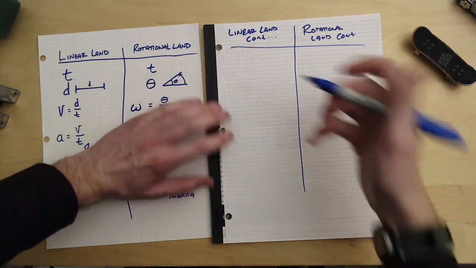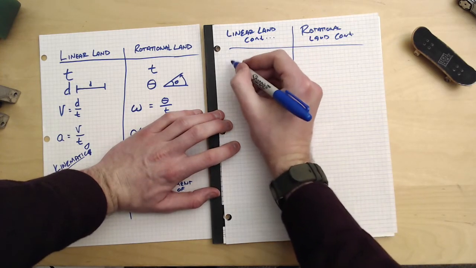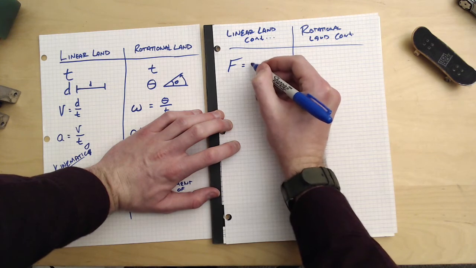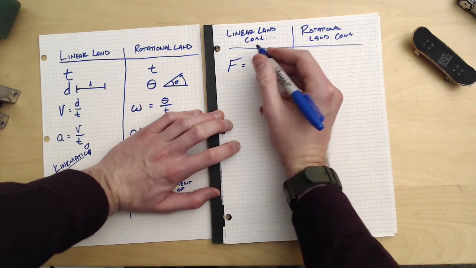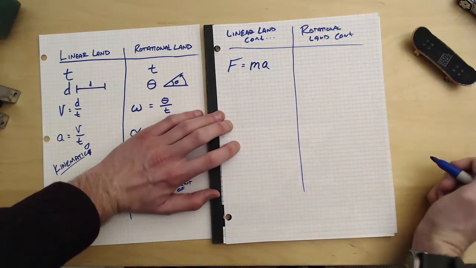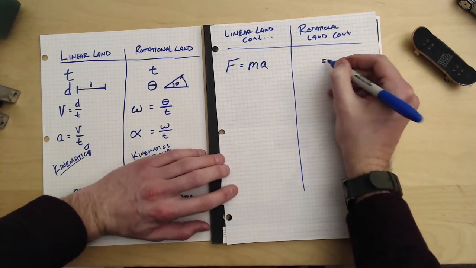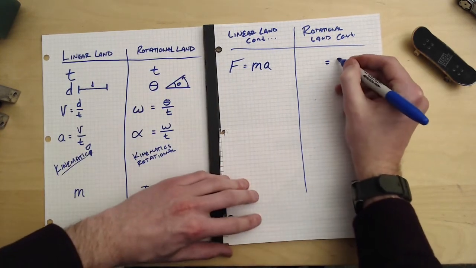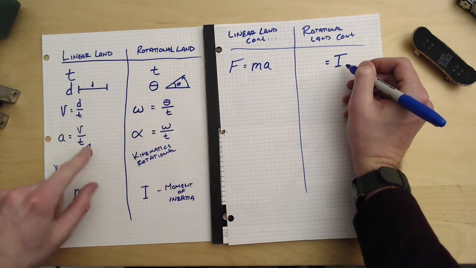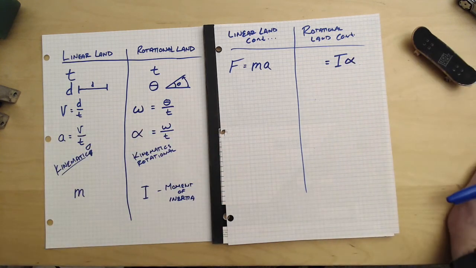Remember, the next place we went was to our force unit, and the major equation we had there was Newton's second law, the granddaddy of all equations: F is equal to ma. Let's translate this over. Mass is now going to be our moment of inertia, the letter I, and a is our angular acceleration.